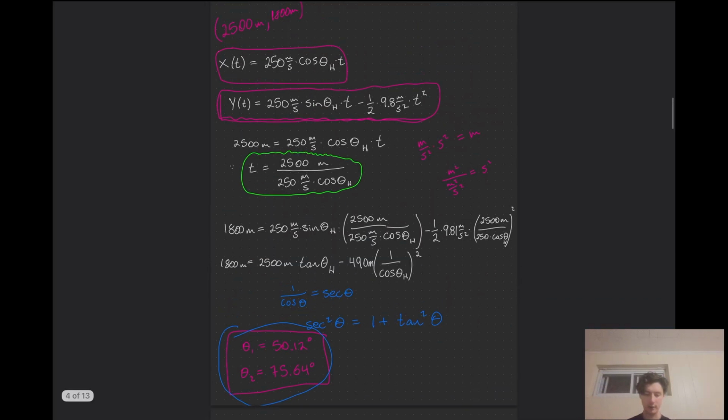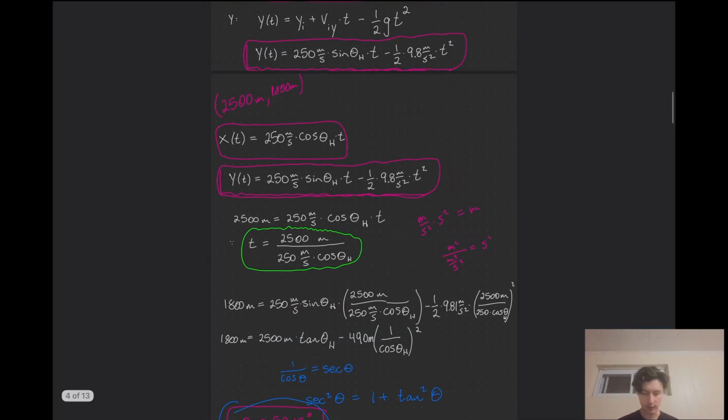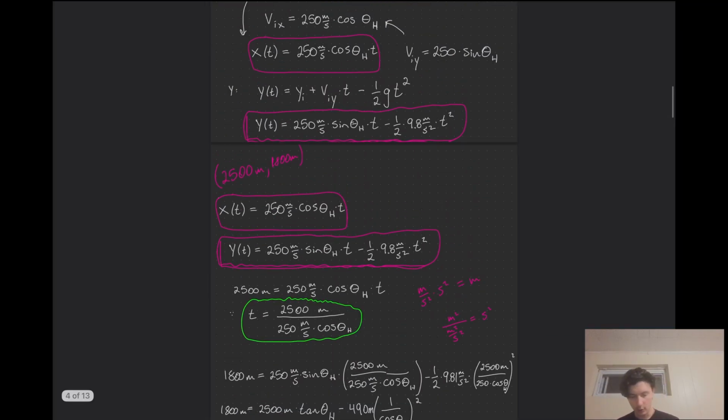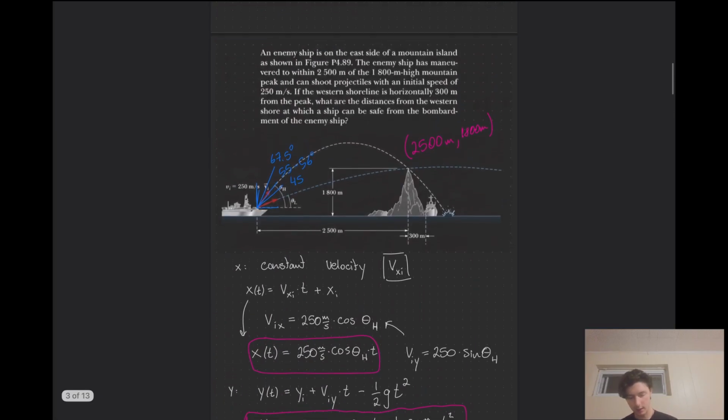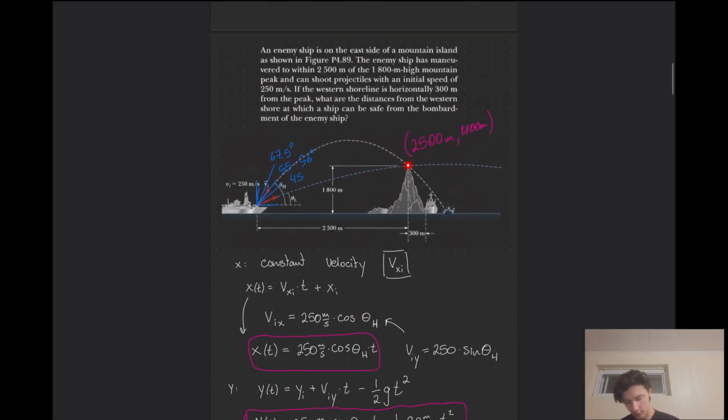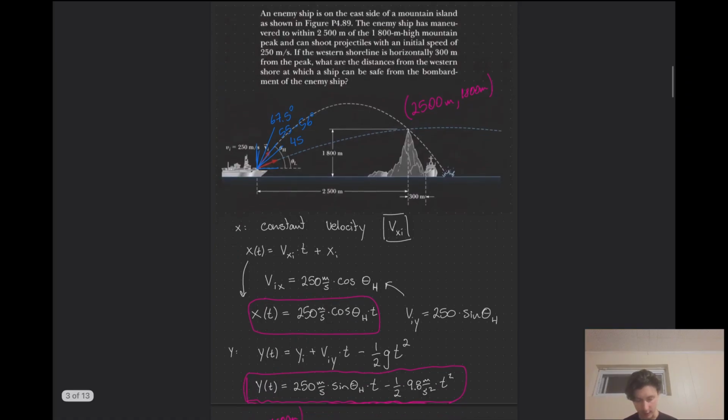So what happened here, check out how we set up this problem. Once we got our kinematic equations, we plug this value in, which is going to say, okay, our projectile is going to hit exactly this thing, this part is going to hit it here. And what we saw was it happens at two different angles. But I'm not sure if these are the angles that they're talking about.